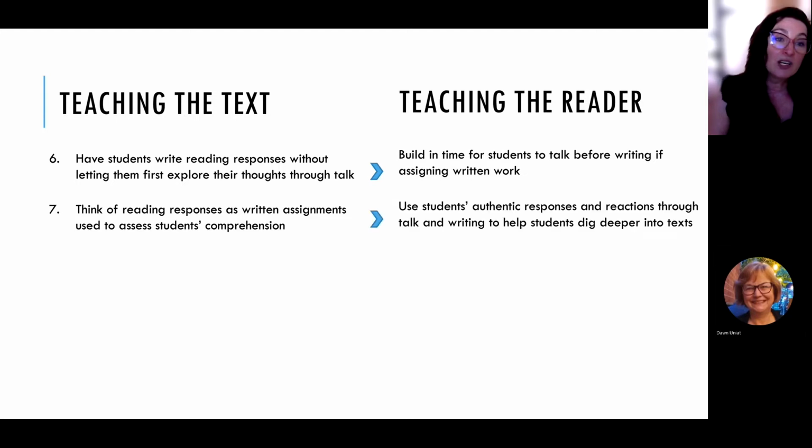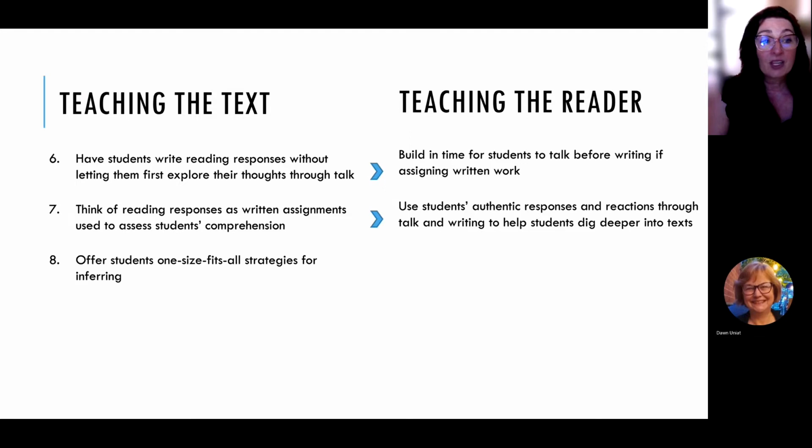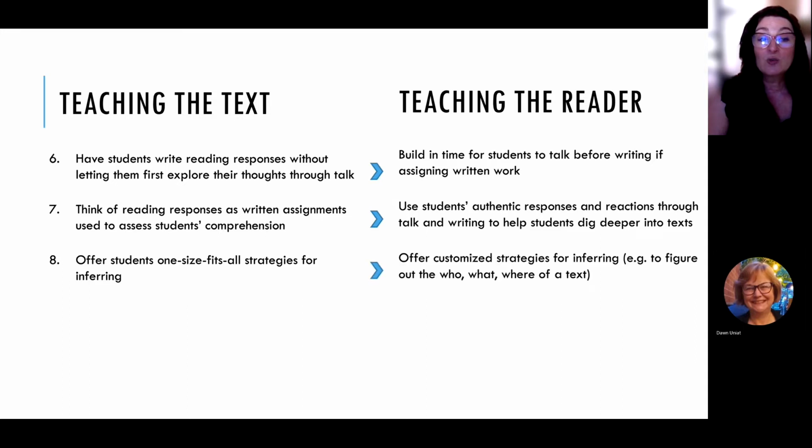But when we teach the reader, we use students' authentic responses and reactions through talk and writing to help students dig deeper into texts. When we teach the text, we offer students a one-size-fits-all strategy for inferring. But when we teach the reader, we offer customized strategies for inferring. For example, they get to figure out the who and the what and the where of the text.